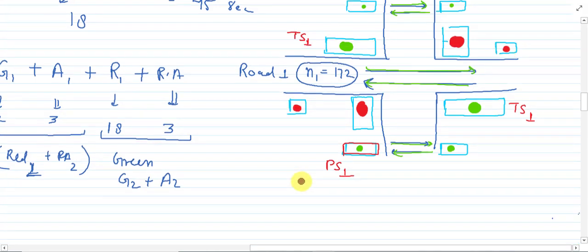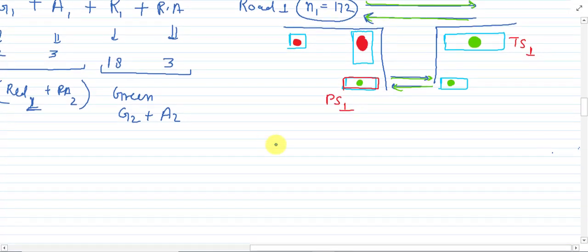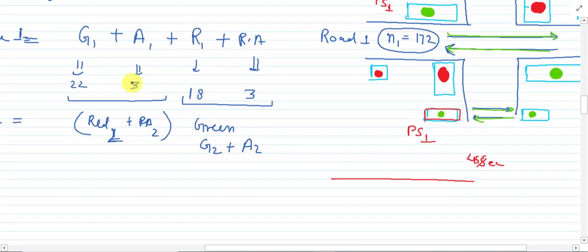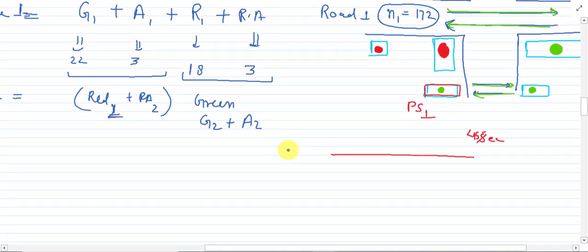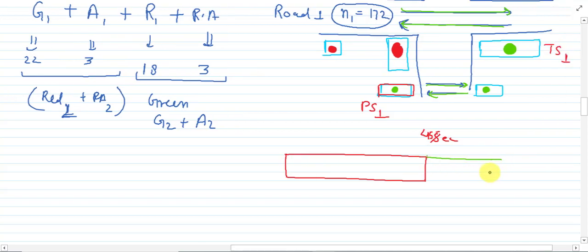Now we are going to draw the phase diagram. We have cycle length 45 second. Out of 45, the red time for phase 1 is 18 plus 3. So we will draw this like this. And after red we have green time plus amber, 22 plus 3.